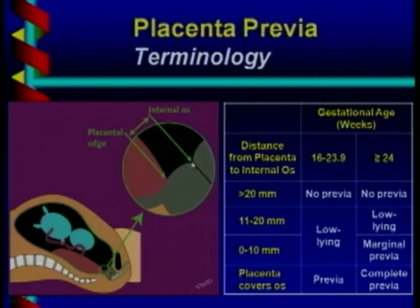The end of it is the internal os. And what's critical is the distance between the internal os and the edge of the placenta when it comes to using the terms related to placenta previa. So that distance is key, and the way that we use it is shown in the table on the right.